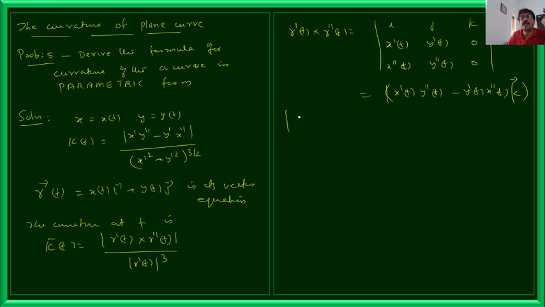Therefore, modulus of r dash t cross r double dash t is equal to, when you take its modulus, x dash t into y double dash t minus y dash t into x double dash t, its modulus. Simply, we can write this as modulus of x dash y double dash minus y dash x double dash.